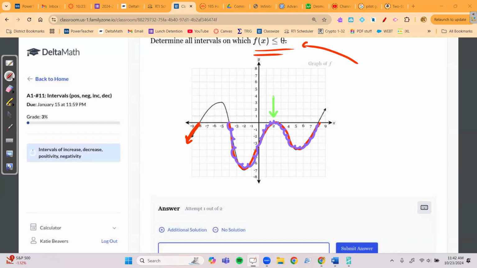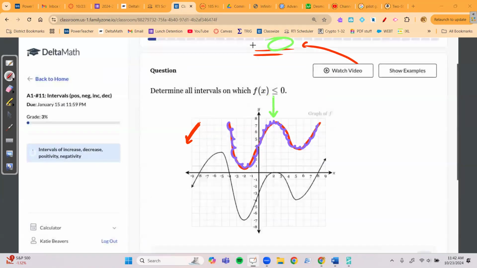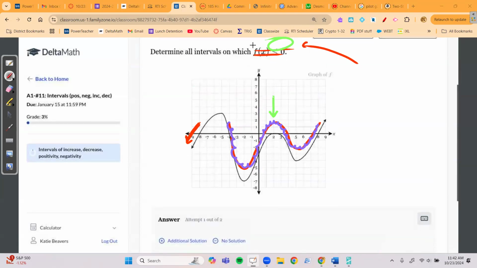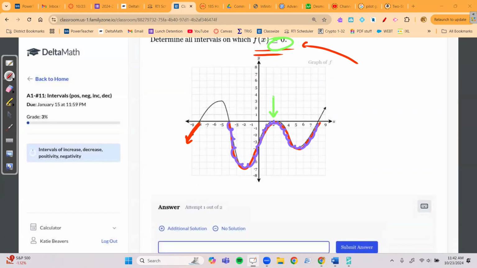But because the problem says that it can be equal to 0, then that point can just stay and flow as part of your interval. So you're going to have 2 intervals. Your first interval is going to run from -infinity to -8.